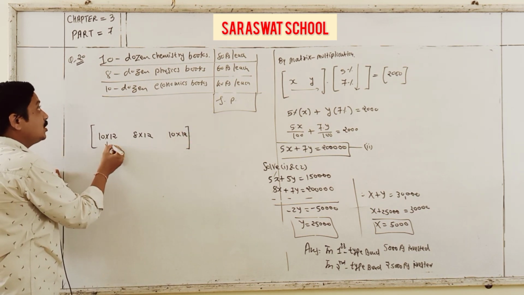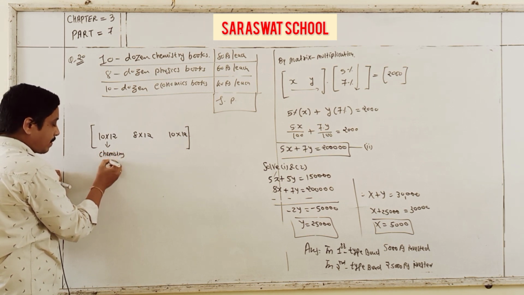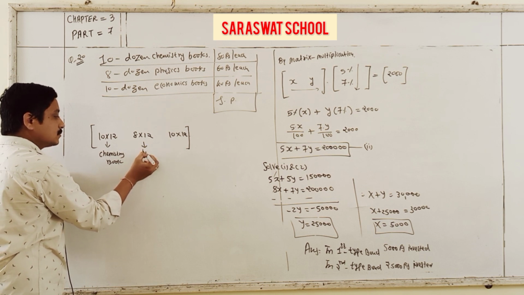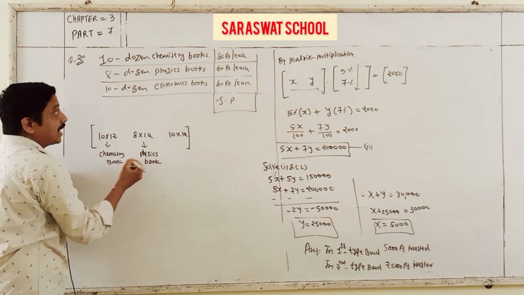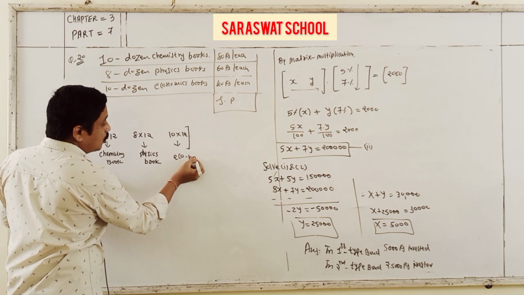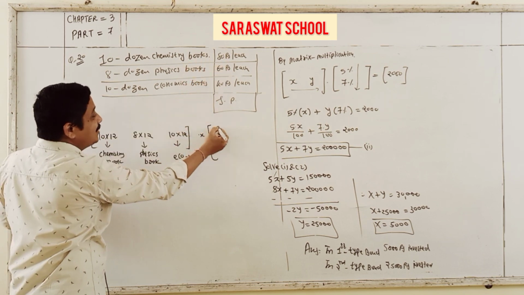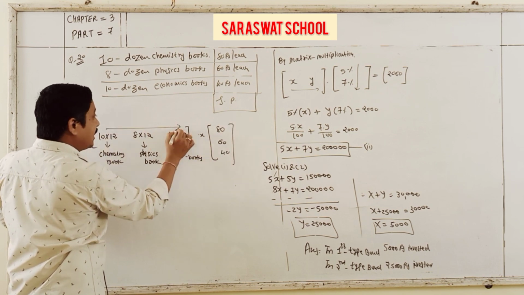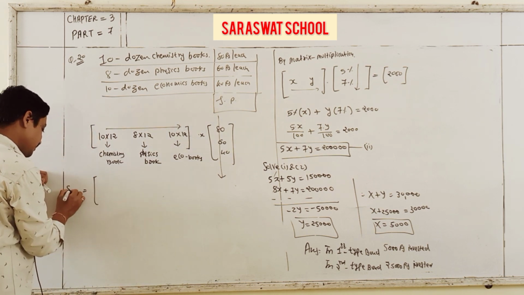And this is your chemistry book, your physics books, and last here economics books, and you multiply by matrix that particular dozens value, 80 rupees, 60 rupees and 40 rupees. So this is a row and that's the column, and that's your total SP value.